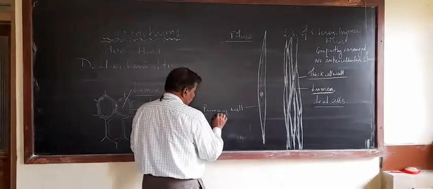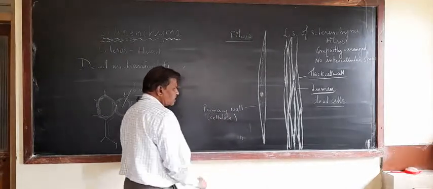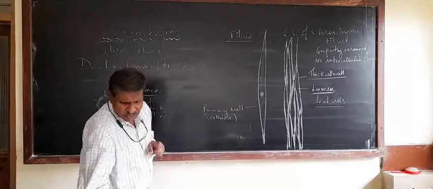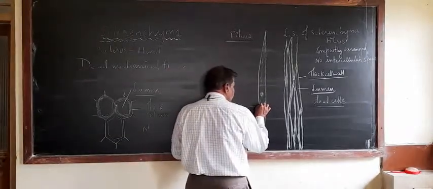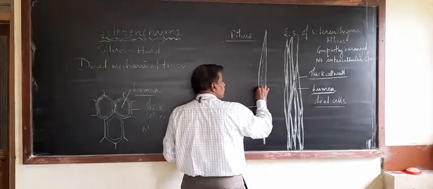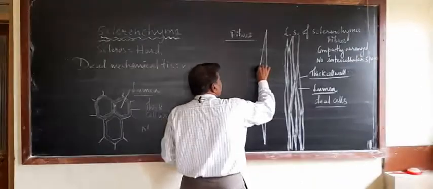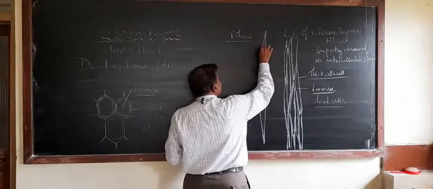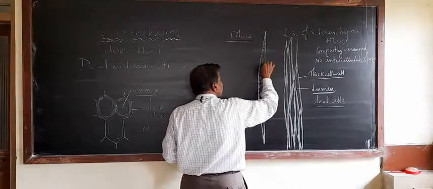This primary wall is made up of the chemical compound cellulose. But on this primary wall, lignin is going to be deposited. Lignin is a cell wall material. This cell wall material is synthesized by the protoplasm and deposited on the primary wall.